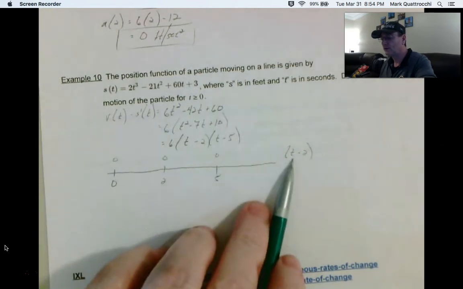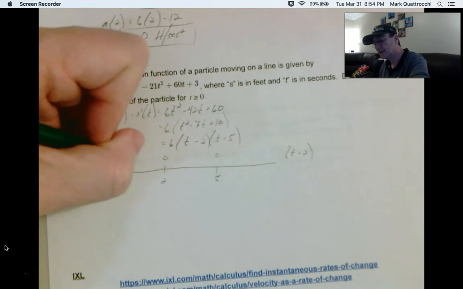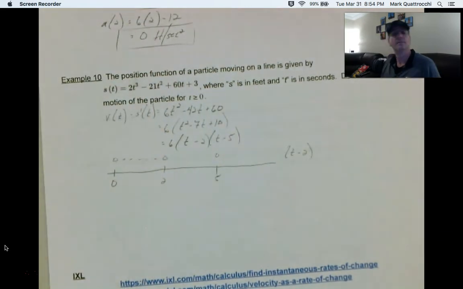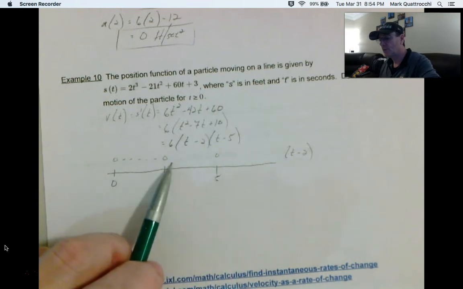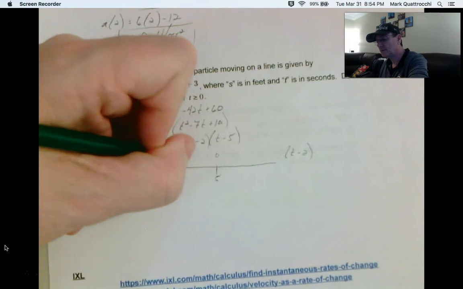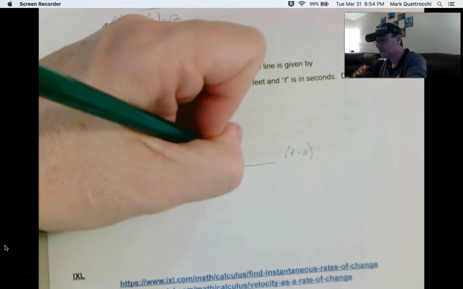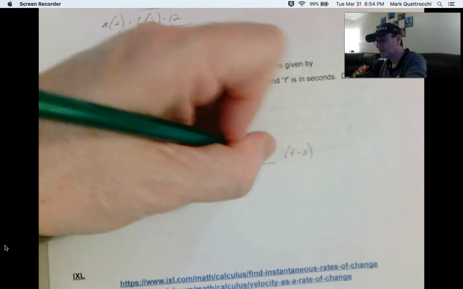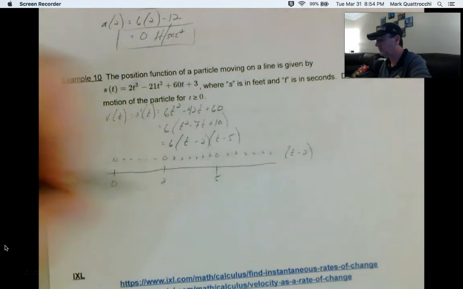Between 0 and 2, t minus 2 has negative values. After 2, between 2 and 5, t minus 2 has positive values. And even after 5, it just continues to have positive values. Okay?